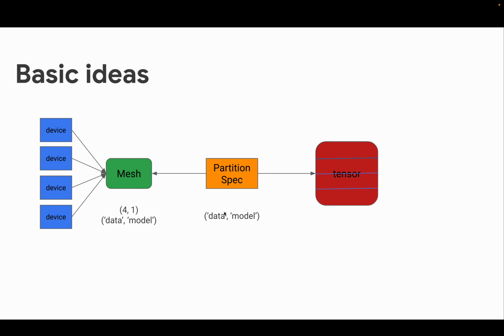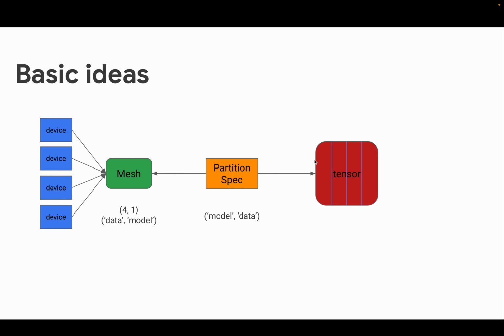The partition spec says the data dimension is mapped to the 0th dimension of the tensor. The tensor is a 2D tensor, let's say 4 by 4. And the model dimension is mapped to the second dimension of the tensor. So in this case, we shard the first dimension by 4, which is what we do here. Let's say we flip the partition spec, so it's model, data.